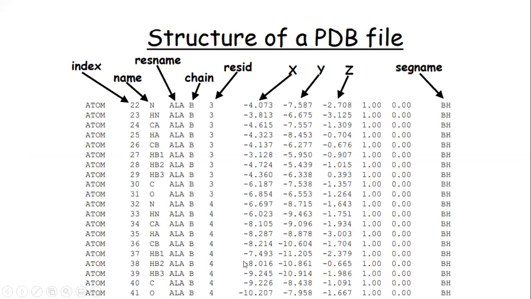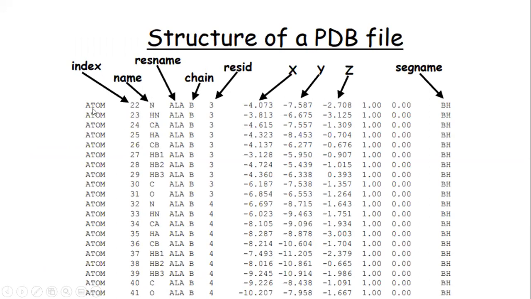Okay, so let's review the structure of the PDB files. As I mentioned, the PDB file contains ATOM and HETATM records. The ATOM records are the standard residues, and Amber has library files for the others, so we don't need to worry about that if we prepare it properly. This is an index, and this is the name of the atom.